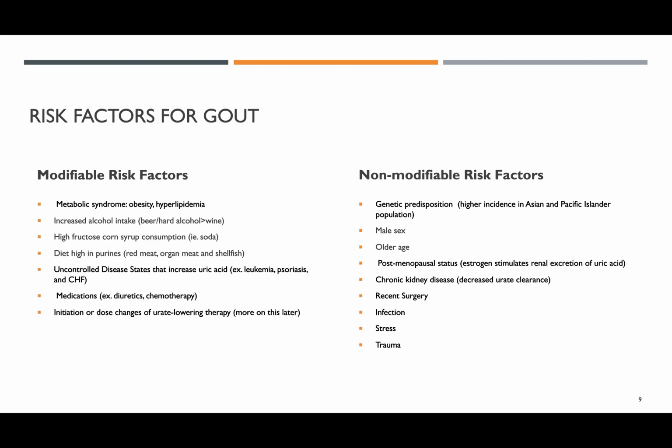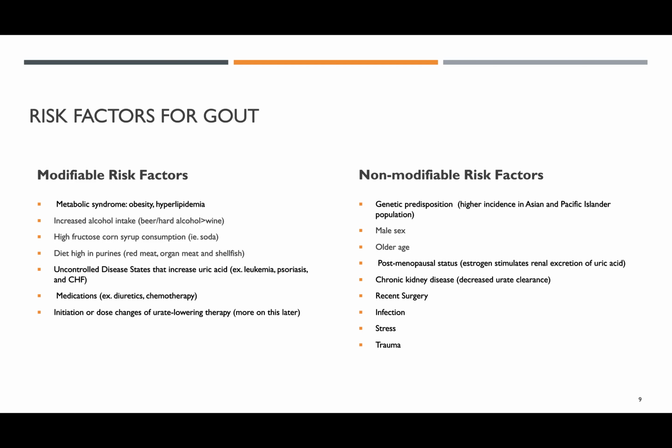Uncontrolled disease states like leukemia, psoriasis, congestive heart failure will trigger a flare. Certain medications, which I'll specify soon, like diuretics and chemotherapy, trigger gout flares. And also, just for consideration when you're seeing this in an outpatient setting, dose changing your urate-lowering therapy can, in the immediate period, cause a patient to have a gout flare.